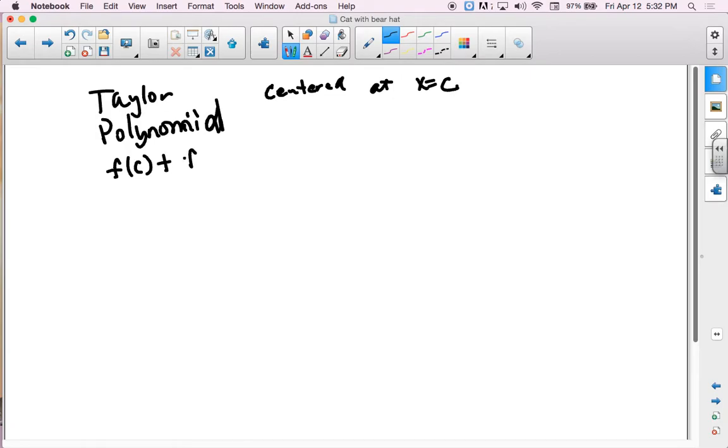f of c plus the first derivative at c times x minus c to the first power over 1 factorial. We usually don't write all of that down, but that's what's going on. The first derivative, x minus c to the first over 1 factorial. That's a 1. Then we go second derivative at c, second power over 2 factorial.